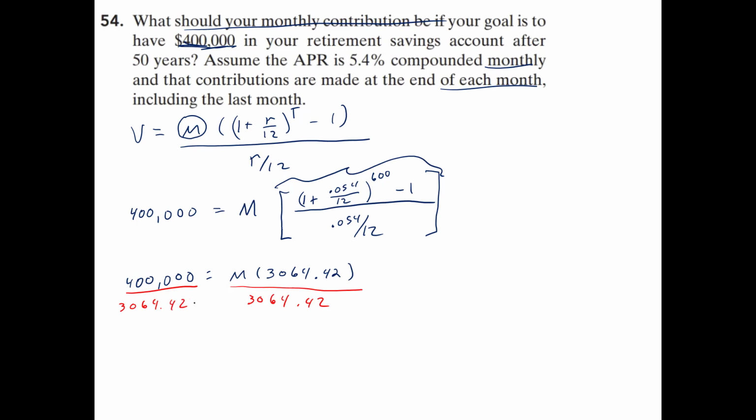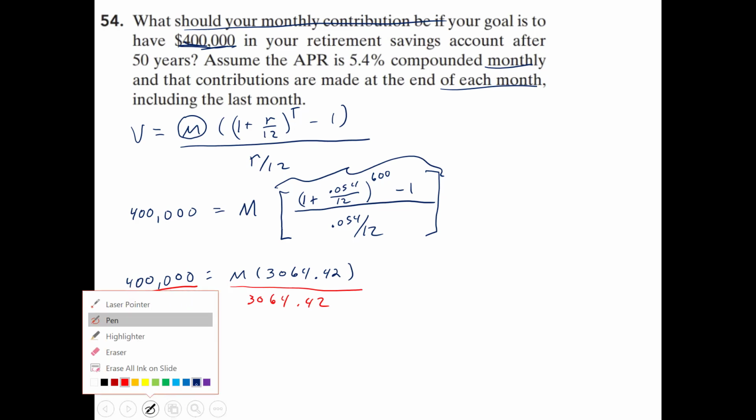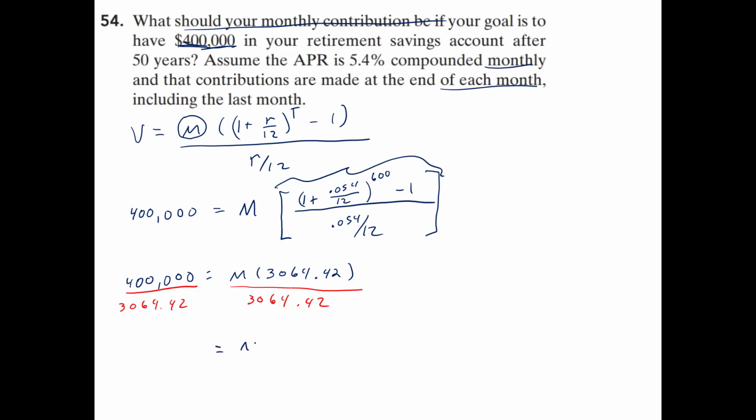We get our value for M. So 400,000 divided by 3,064 and 42 hundredths. M is $130.53.